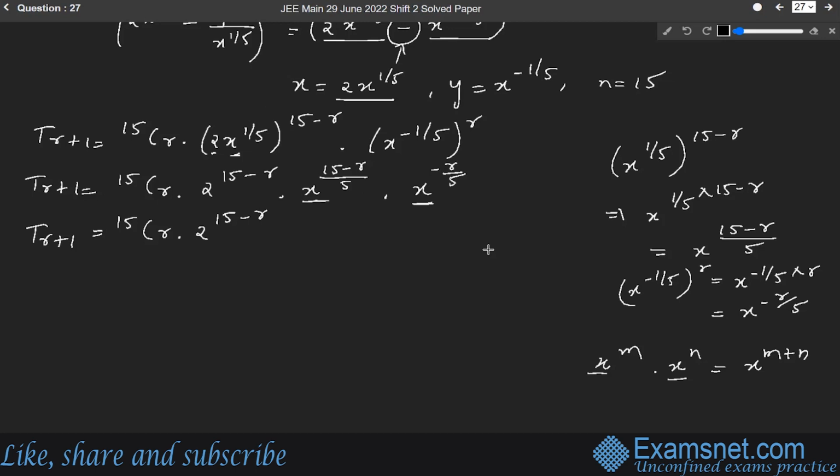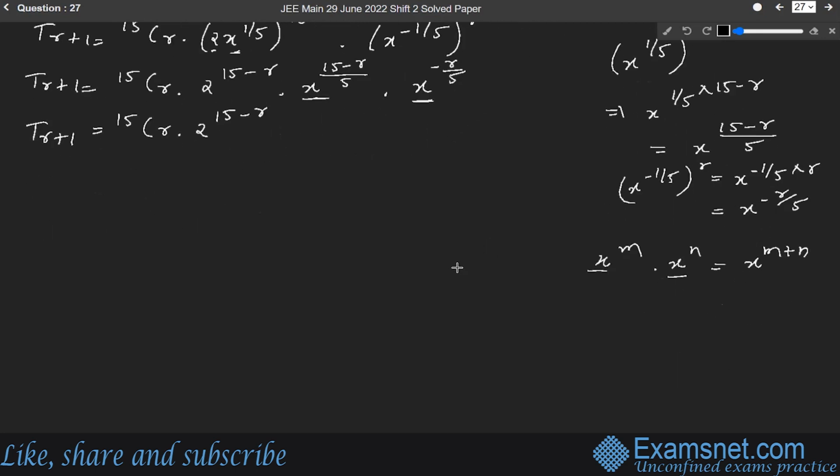It means that both the powers will be added. What are the powers? First power is (15 minus r) upon 5, and the second power is minus r upon 5. So both will be added. 15 minus r minus r will be 15 minus 2r, and the denominator is same. So we can write it as x power (15 minus 2r) upon 5, right?